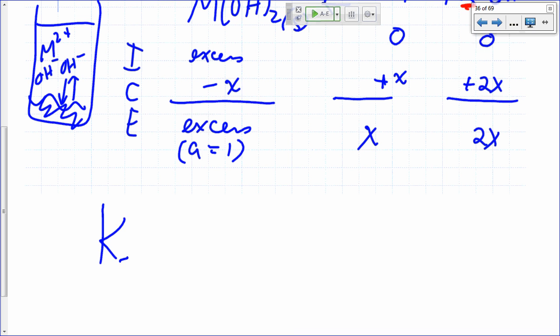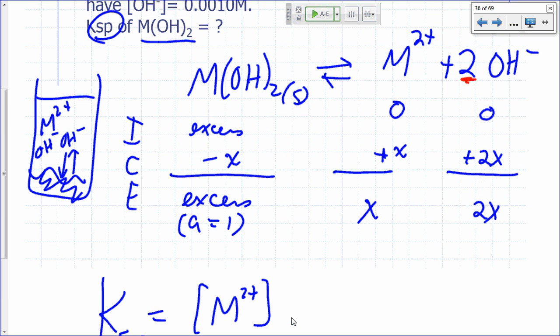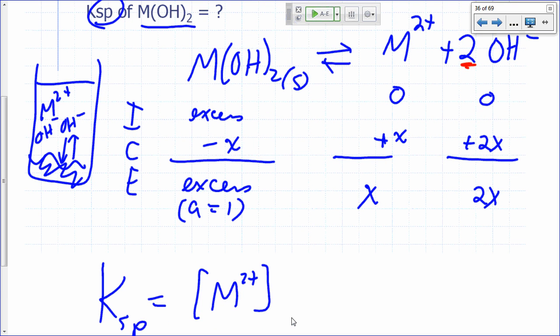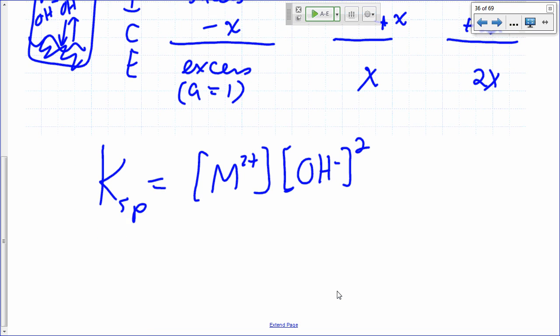KSP equals M plus 2. Raised to the power 1, right? The coefficient here is 1. Times hydroxide raised to the power 2, so that's squared. And what's the activity of the solid? It's just 1. So that's just your expression for KSP. So what's our M plus 2?